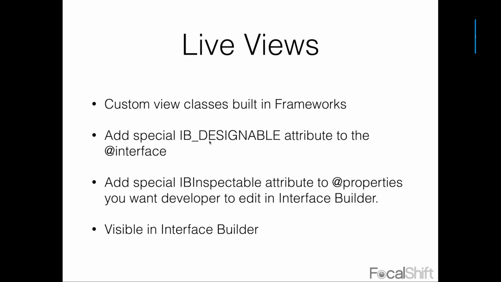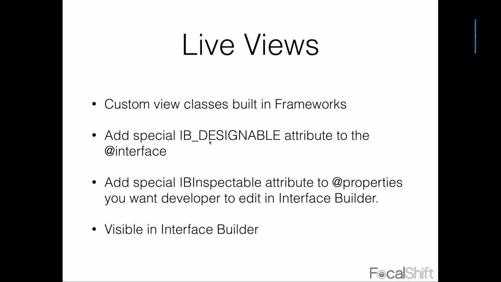Now we have this ability to construct custom subclasses of UIView and put the code for them in a framework, which is also something new with Xcode 6, or at least it's new for iOS. It's not new for OS X. So you can create this UIView subclass, you stick it in a framework, and then by using a couple of new attributes in your source code, you can indicate to Xcode that this particular class represents a user interface component.